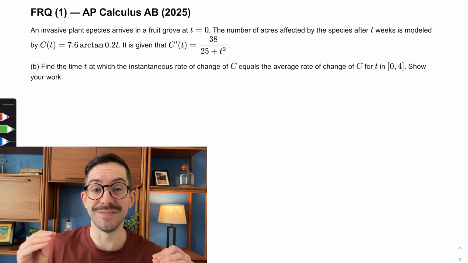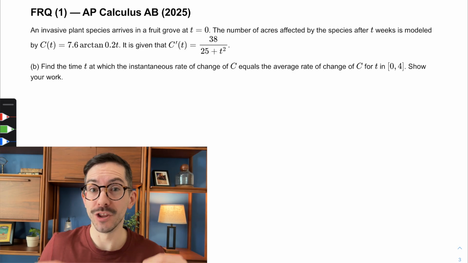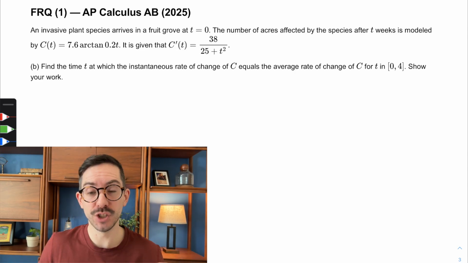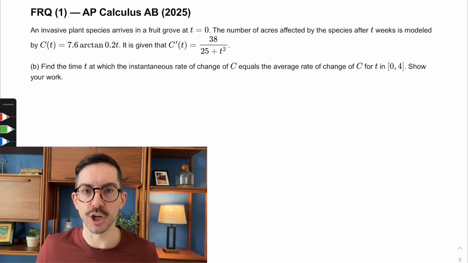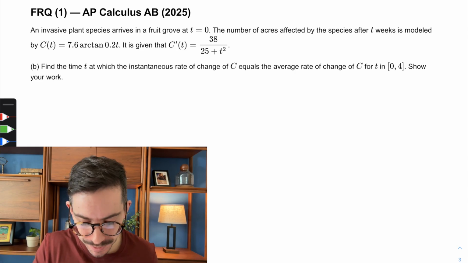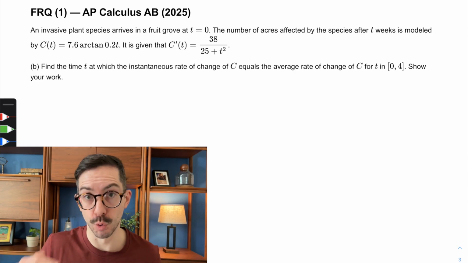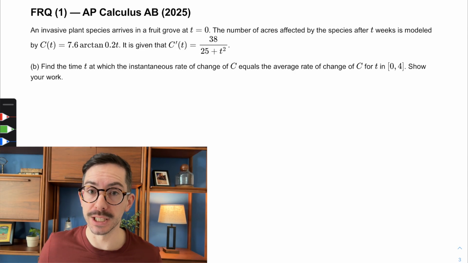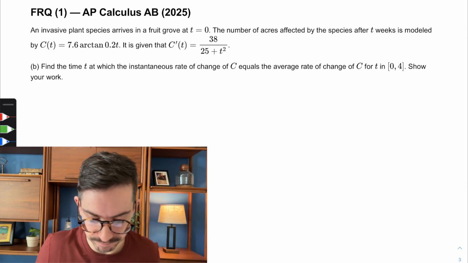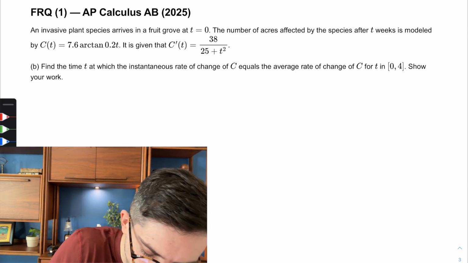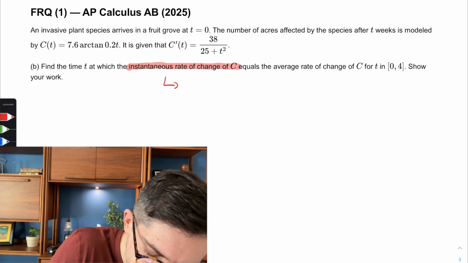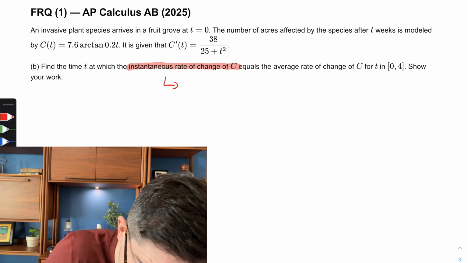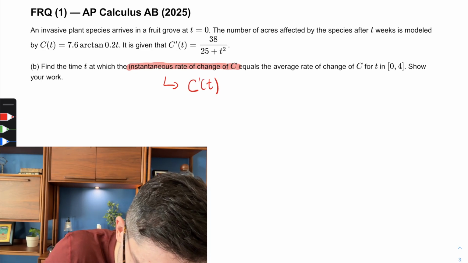Here they're asking us to find a specific time where the instantaneous rate of change is equal to the average rate of change over those first 4 weeks. That sounds like solving an equation. So let's set up the equation because they're asking us to show our work, and then we'll use our calculator to solve the equation. Simple. So the instantaneous rate of change of c, that is a fancy long-winded way of saying c prime of t.